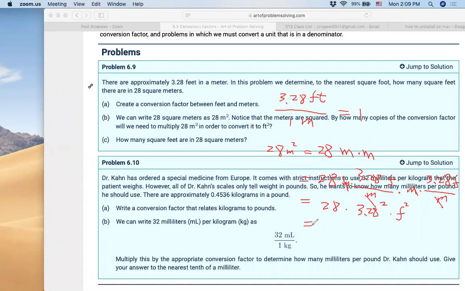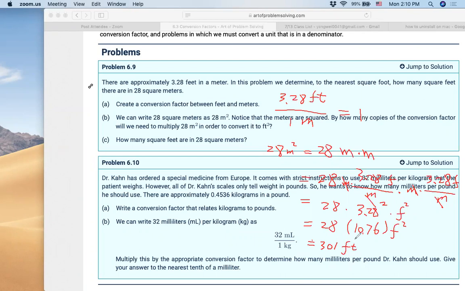See what you get. 3.28 squared equals 10.76 square feet, right? Then 28 times 10.76, you get roughly 301 square feet.